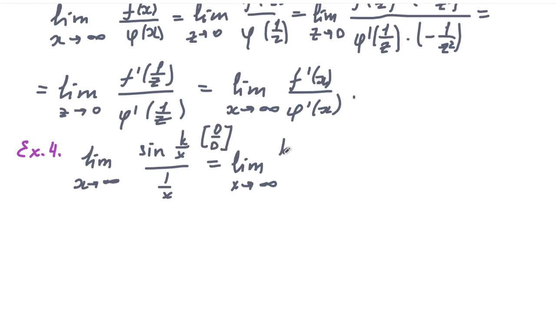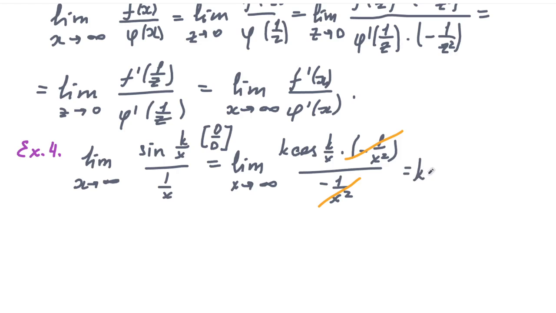K times cosine of k over x times minus 1 over x squared over minus 1 over x squared, cancel minus 1 over x squared out, and we have k times cosine of 0, or just k.